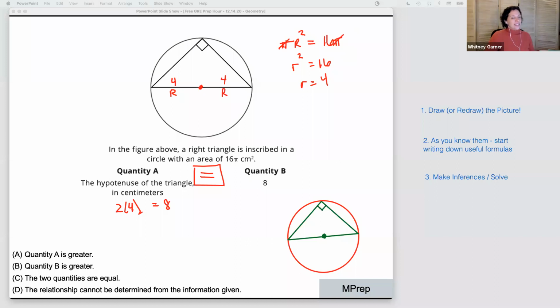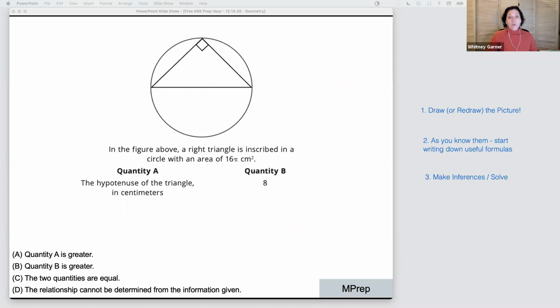Great question. Allison asked an amazing question. No matter how beautifully they'd drawn it, if they just drew a triangle, even if it looked like a right triangle, and they didn't either give me the right triangle symbol or put a dot at the diameter, so that I knew that this line went through the center of the circle, if they didn't give me those two things, then it would be D, because I would have no idea.